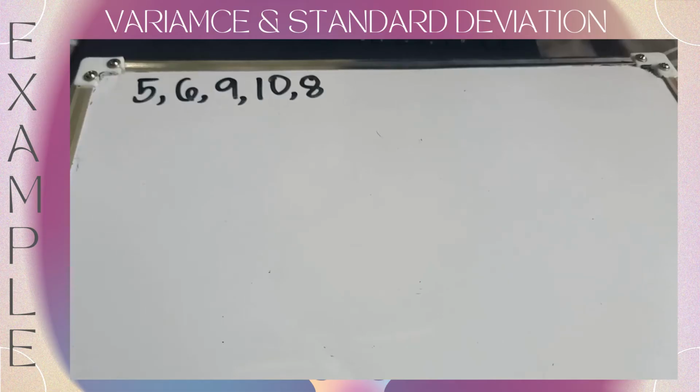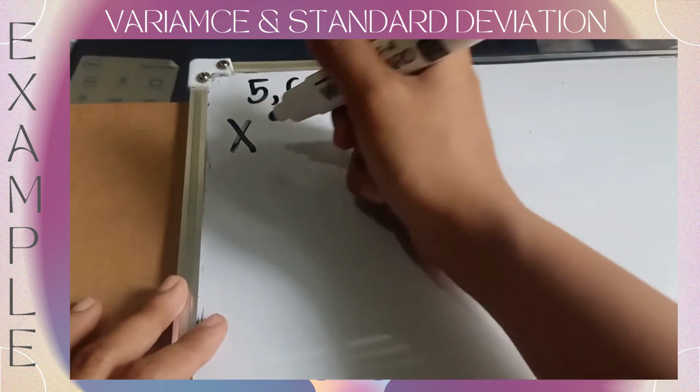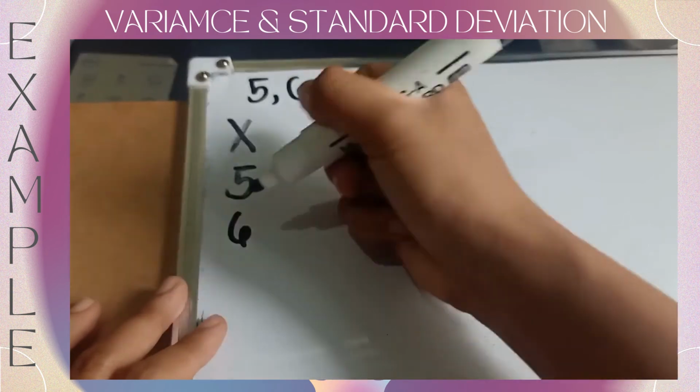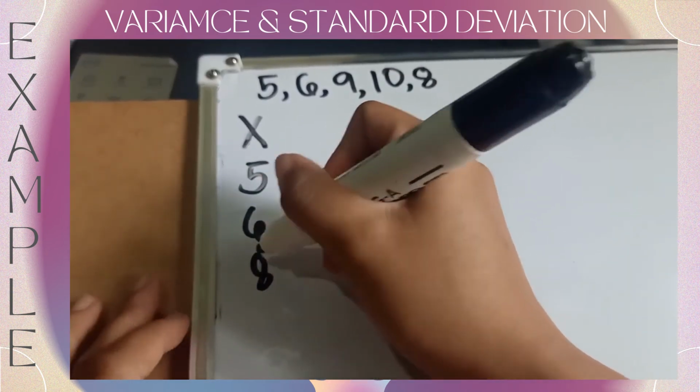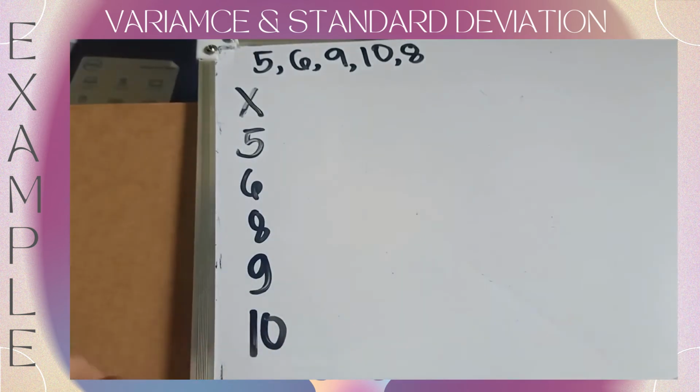Another example, so we are going to find the variance and standard deviation of this given data. So these are 5, 6, 9, 10, and 8. So first, we are going to arrange from lowest to highest: 5, 6, 8, 9, and 10.